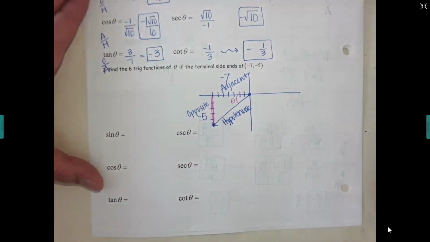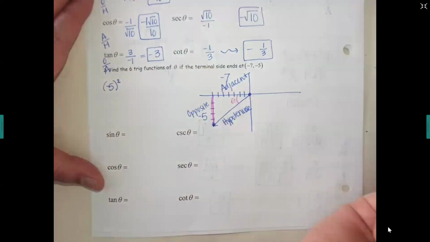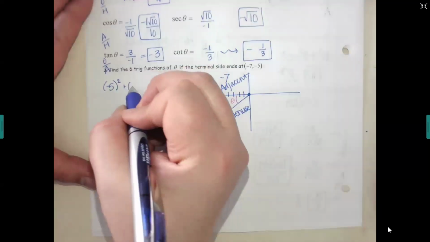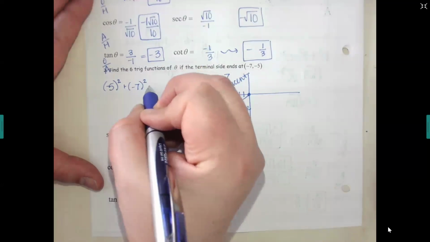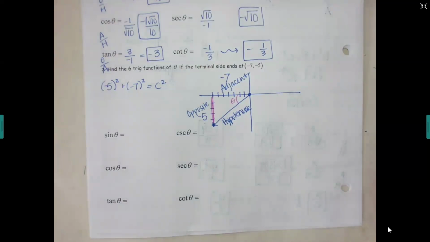I noticed that I'm missing the third side. How can I find it? Using Pythagorean theorem. So it'll be -5 in parentheses squared plus -7 in parentheses squared equals c squared. If you don't want to put the parentheses, then just make sure you also don't put the negative, and that's fine.